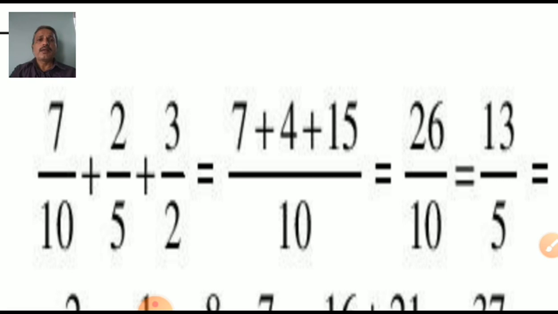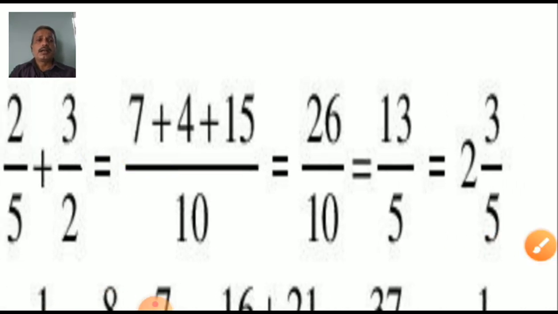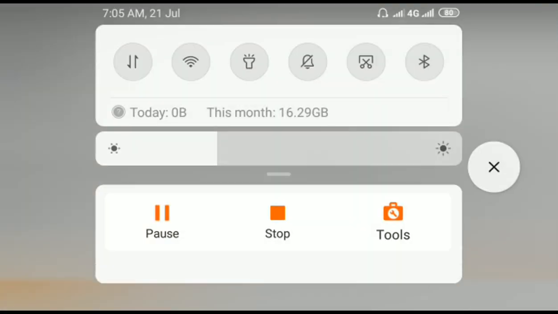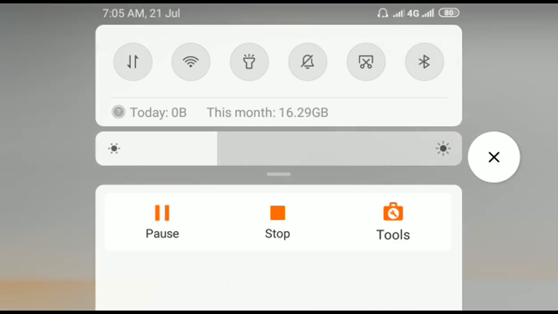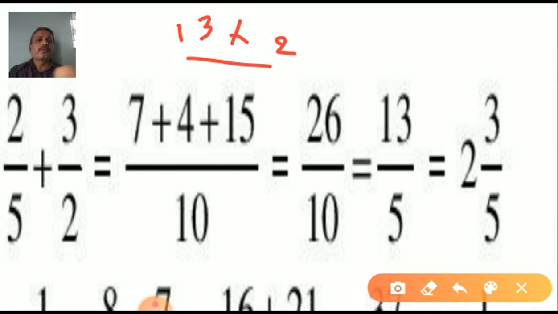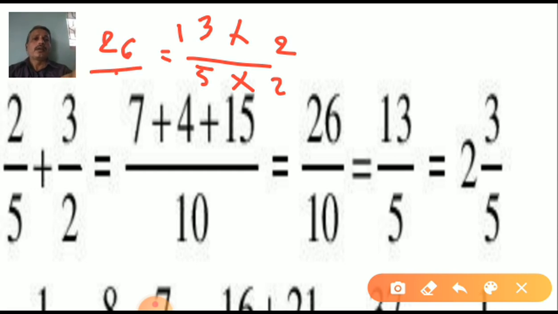And one more thing I want to remind you, you can directly cut it. In place of 26 you can write 13 into 2. 13 into 2. Yes, student, multiply by 2. And then downside 5 into 2. 5 2s are 10. Okay, student, will you write like this way or not? Suppose 26 upon 10 is written like this way. 13 into 2. 13 2s are 26.